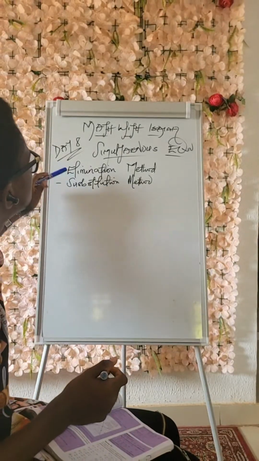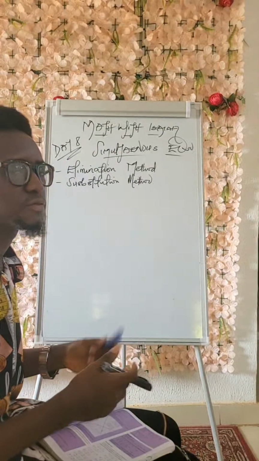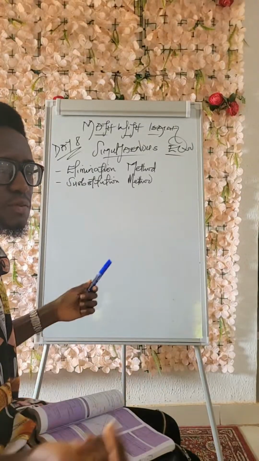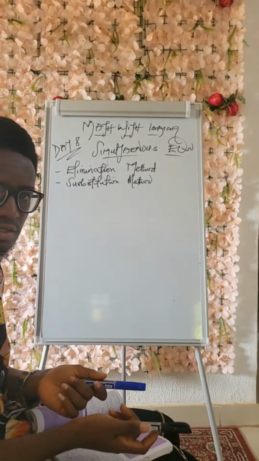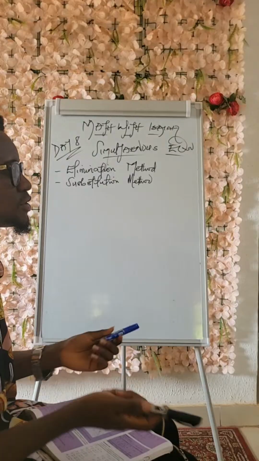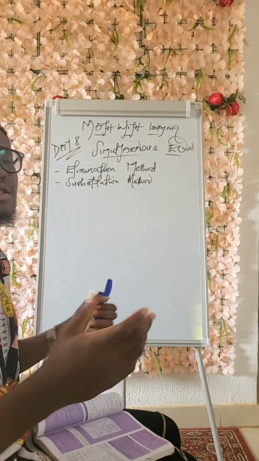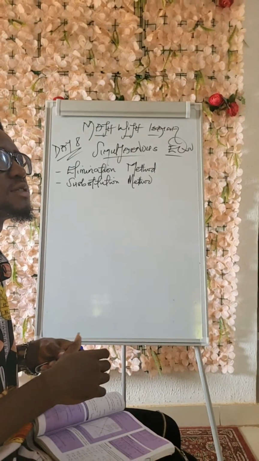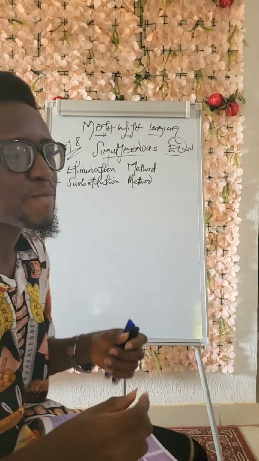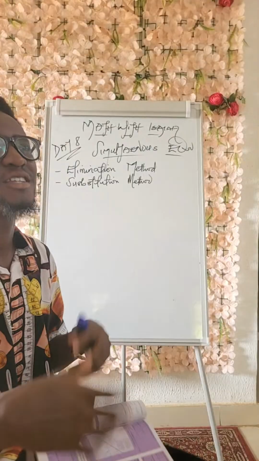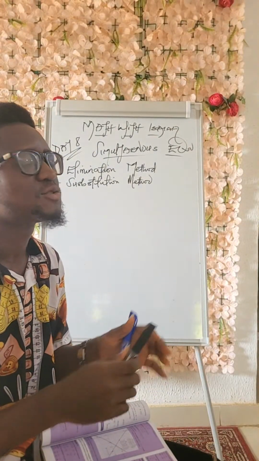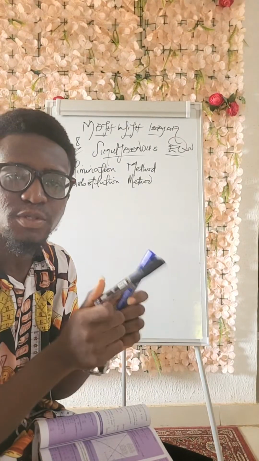Whenever you want to solve using the elimination method, from the word eliminate, it means we want to eliminate one to get the other one. Imagine there is a competition and two people came out first, like they had the same points.